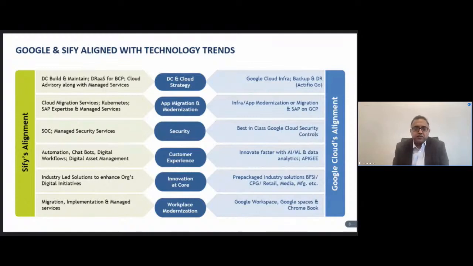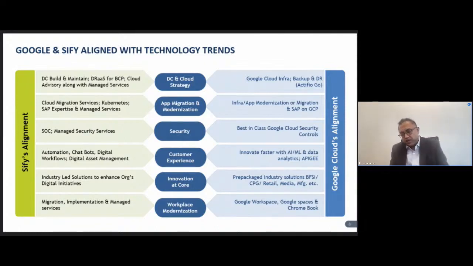When it comes to app migration and modernization, today's discussion is on SAP, but if you look at non-SAP also, the kind of modernization, the containerization, re-platform and re-hosting point of view, we work with Google and bring a point of view on how much will be microservices-led, and how much legacy needs to be modernized first, so that efficiency first hits the application. Is there an upgrade of SAP that needs to be done? How can that architecture be taken and migrated as fast as possible to the Google platform? That's the entire services point of view we built there.